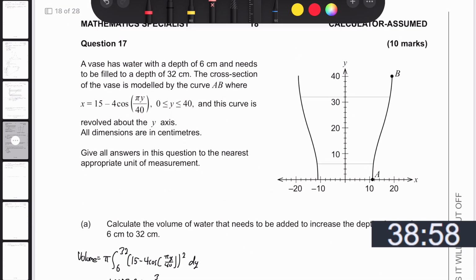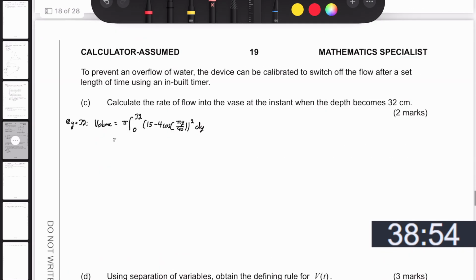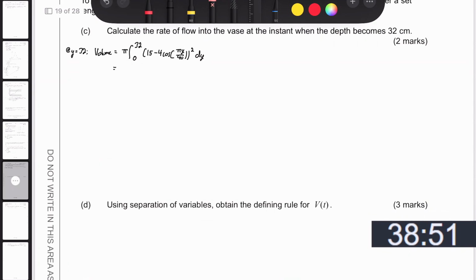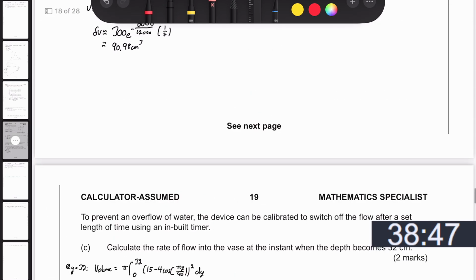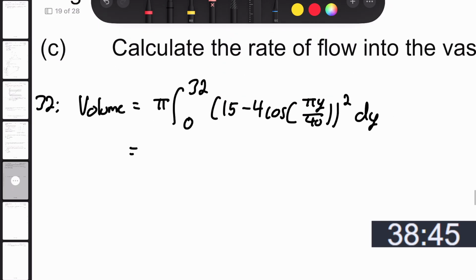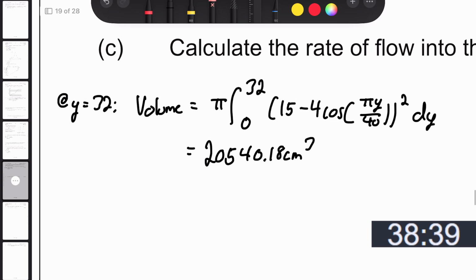Yep. Oh wait, hold on. Volume here is 240.18 cm cubed.